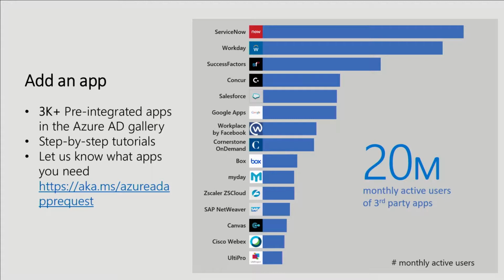We hope that this will provide a smooth experience onboarding to the application. If there's an app that you need and you don't find it within our gallery, let us know, and we have a team dedicated to working with you and the application owner to try and get that integrated. We want to provide the best possible experience.